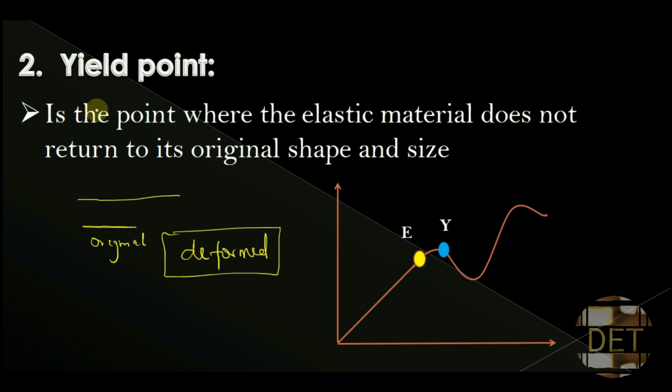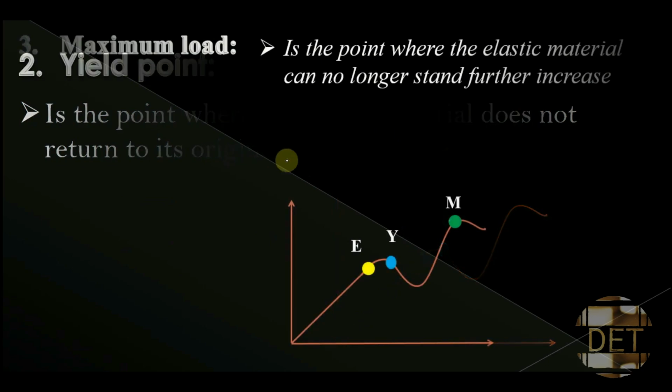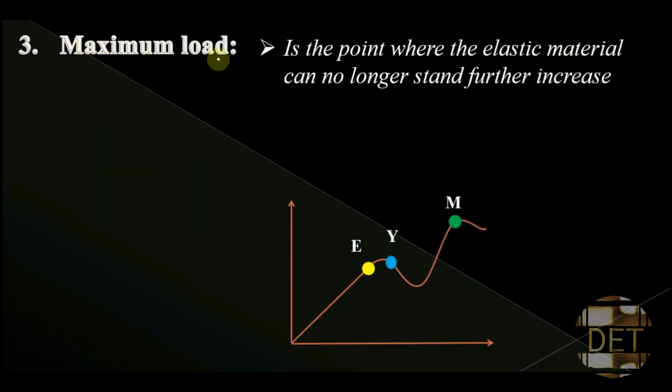So the yield point, like I said, is the point where the elastic material does not return to its original shape and size after the stretching force has been removed. After the elastic limit, the next point is the yield point. Let's say this is the original length of the elastic material.